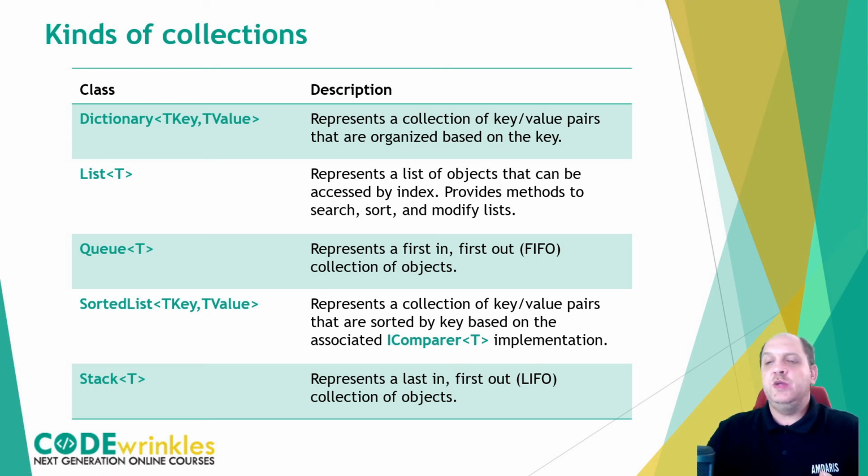What does this actually mean? When we define the class, in the case of the list we don't have to, because Microsoft has already written this class for us, but we need to know how to consume it. The idea is that when you define the class, you also define a placeholder for a data type. This T is nothing else than a placeholder for a data type that you have to provide once you declare or instantiate the list.